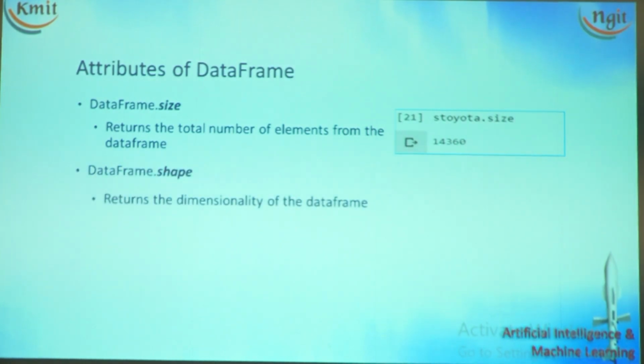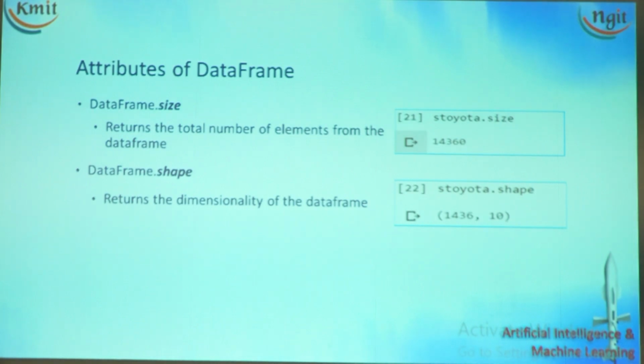Check for the dimensionality of your data frame using the attribute called shape: data frame name dot shape. Obviously now it will give you the matrix version, 1436 by 10. Are you all doing this?